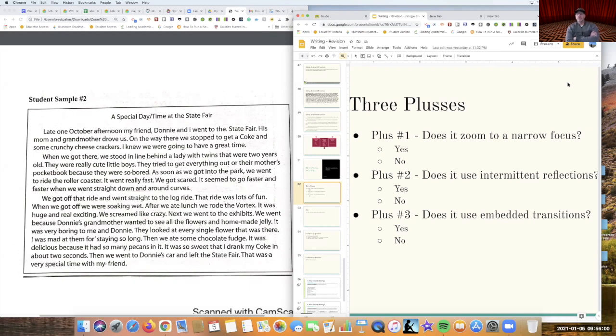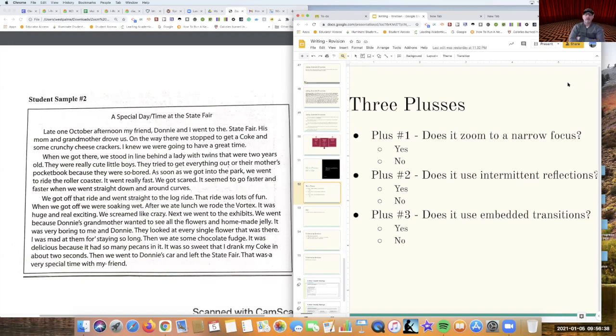Does it use intermittent reflections? I would say no. You could make a case for yes, but if those people who disagree and think that it uses intermittent reflections, quote the text for me. Type a sentence, or if there is an example of an intermittent reflection, please type it in the chat.